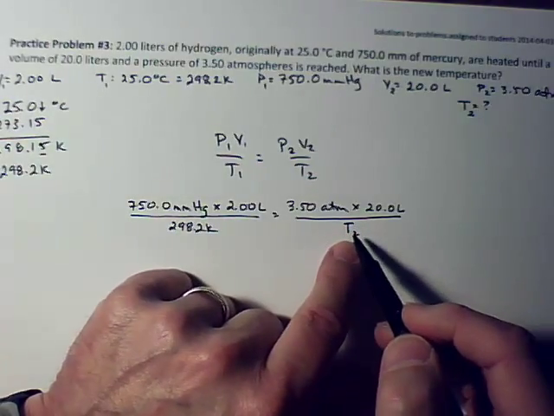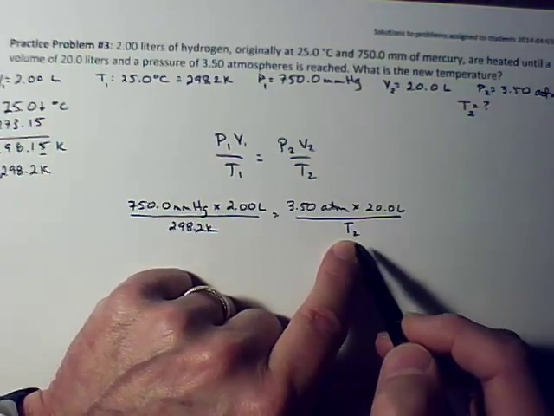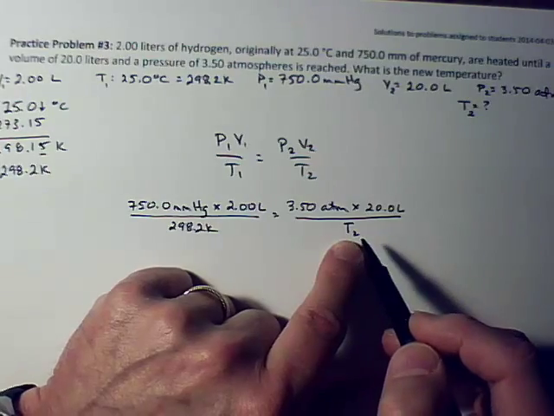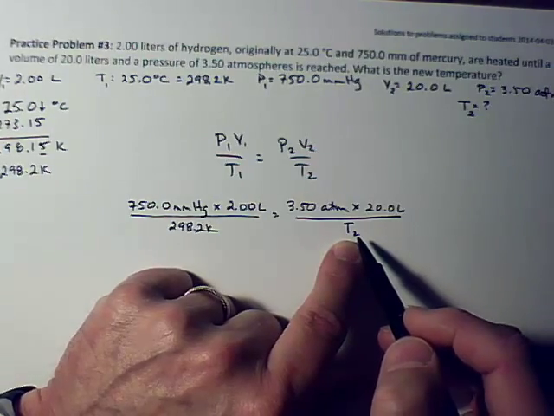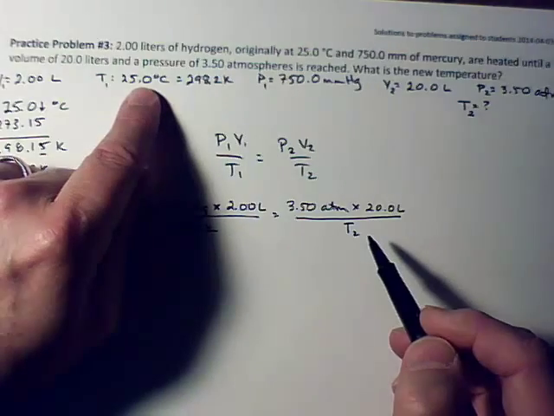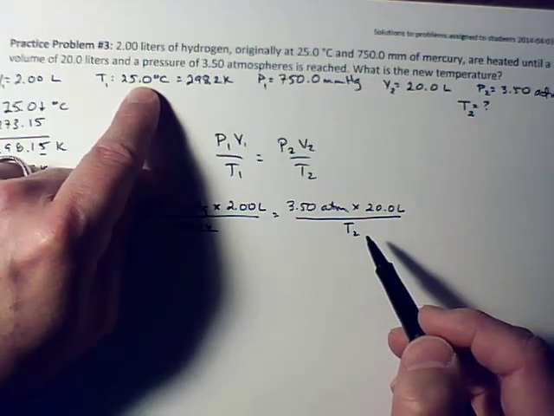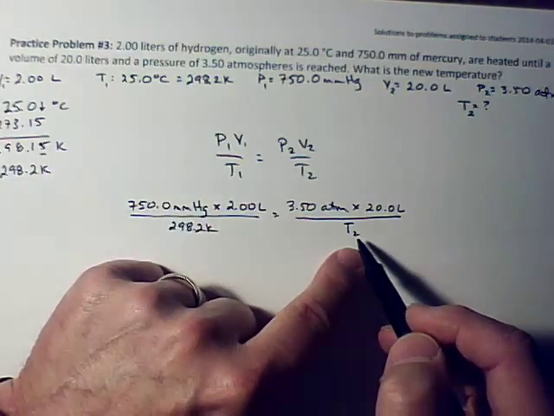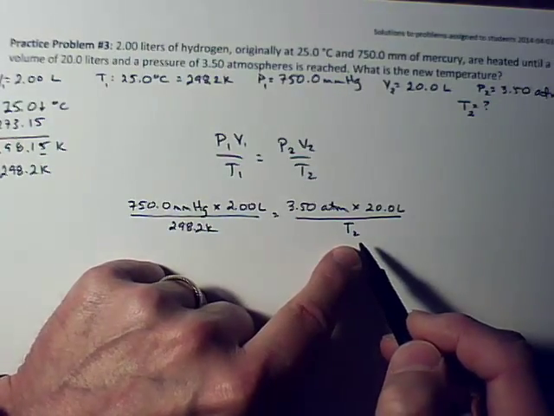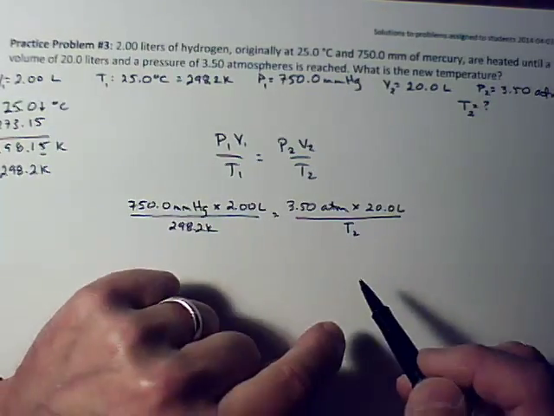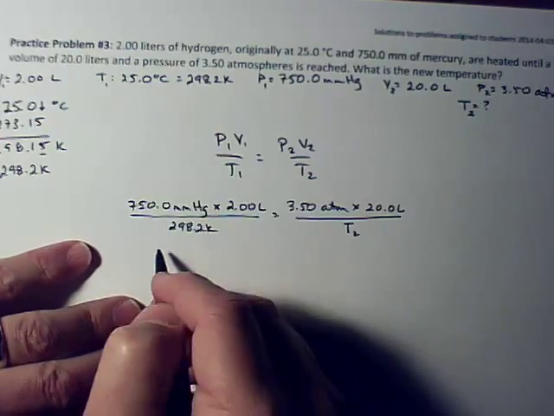Now, whenever you see a unit or an unknown on the bottom of a fraction, bells and whistles should be going off in your head. Actually, bells and whistles should have gone off when you saw this 25 degrees C, because you know you're supposed to convert it to Kelvin. But we can't solve directly for an unknown that's on the bottom of a fraction. We've got to flip it. So I'm going to flip everything.